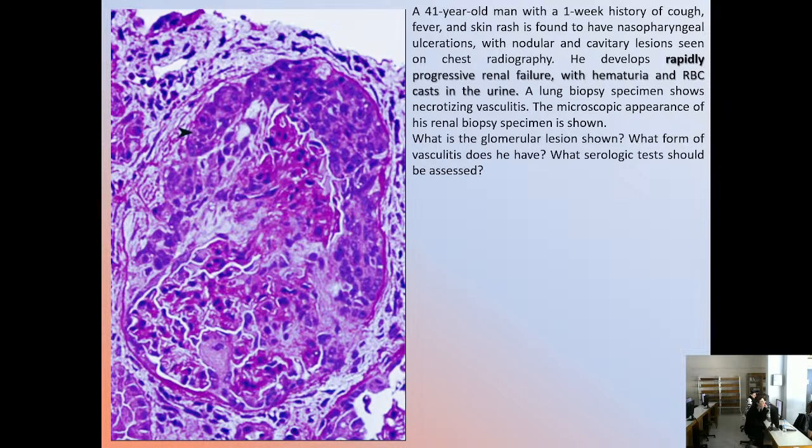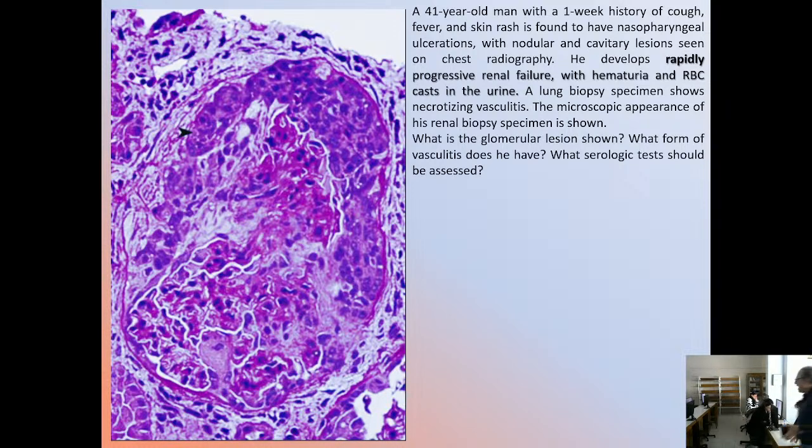If it is pauci-immune, there are no immunofluorescence depositions. This is ANCA-related glomerulonephritis. If we have a linear, not granular, linear deposition of IgG, it is anti-GBM.